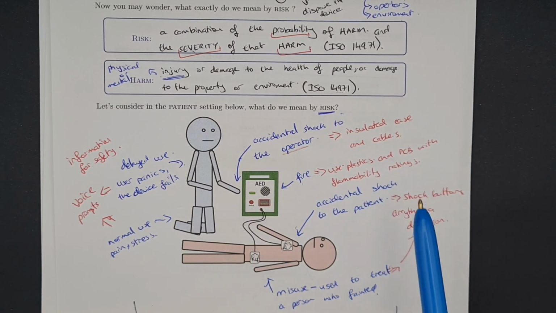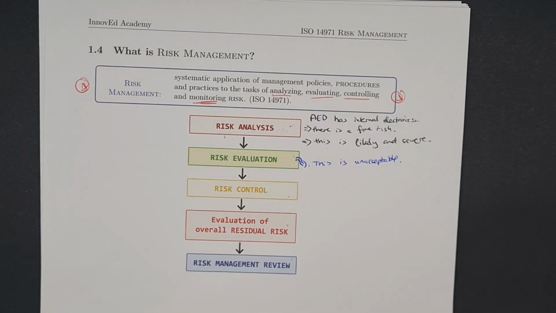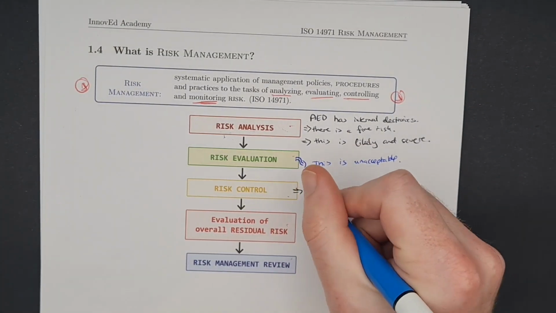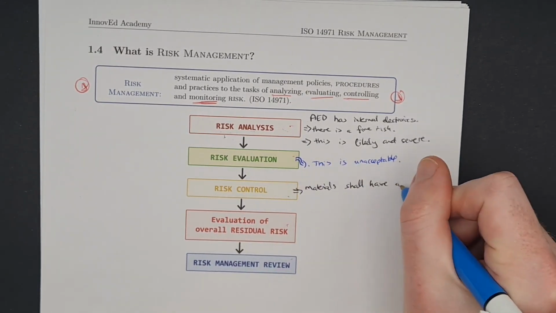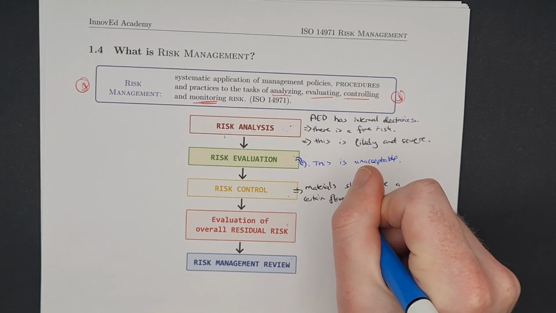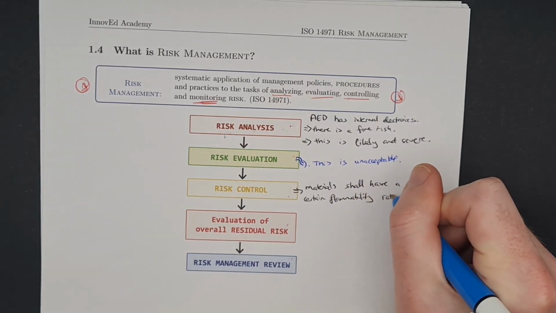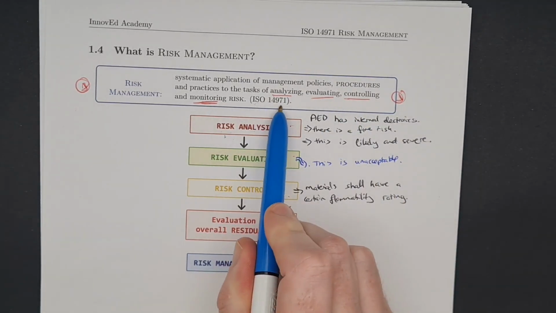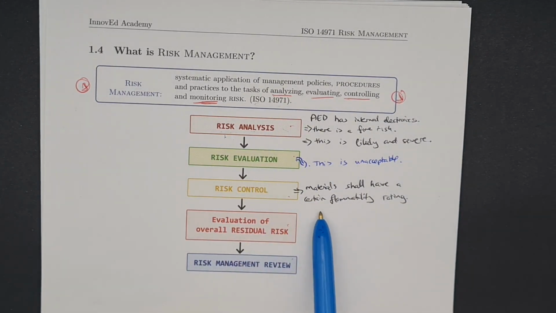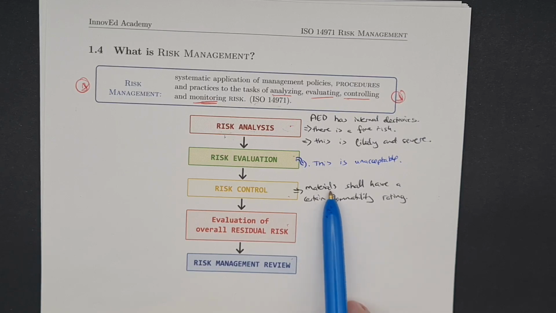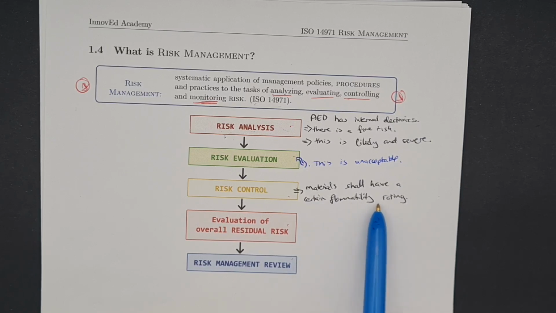Then we say this risk is acceptable after we introduce the risk control measures, and that was, as you saw on the previous slide, that materials shall have a certain flammability rating. That's also an example of where ISO 14971 gets cross-linked with other standards like IEC 60601, because that's where you'll put in that plastics or PCBs have flammability ratings.